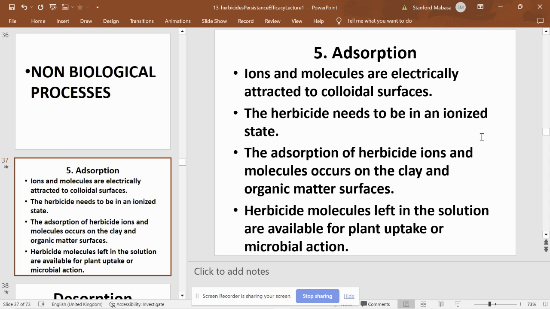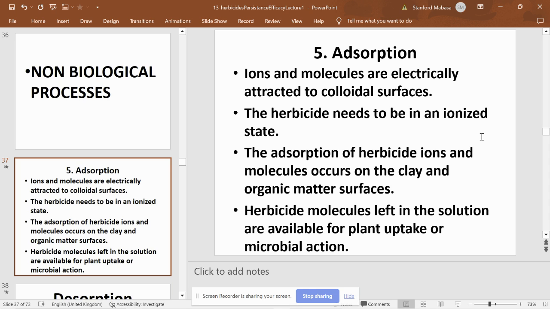So what we are saying is that herbicides with ions or with some molecules, they may be attracted to clay minerals. However, the herbicide needs to be in an ionized state in order for it to be adsorbed or attracted to the clay minerals.